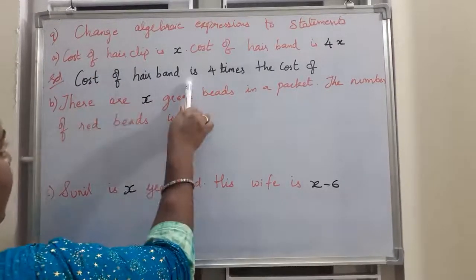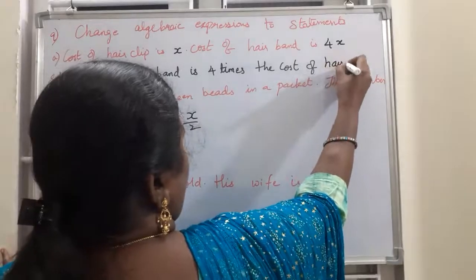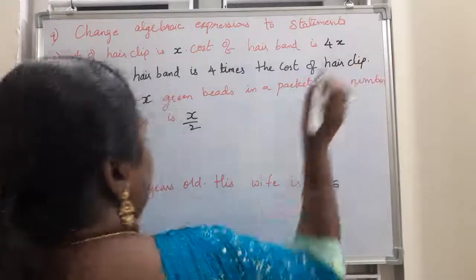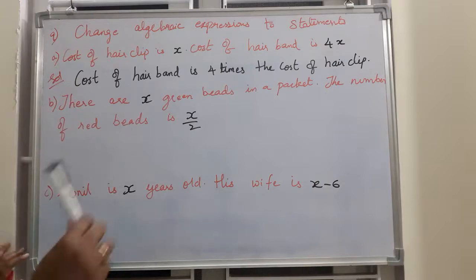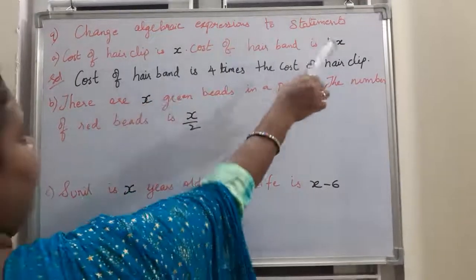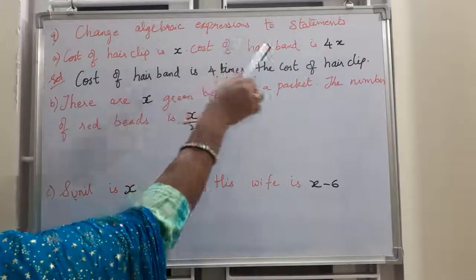So the cost of hairband is 4 times the cost of hair clip. Okay, children. In this line you have not used x at all, but I have got the expression exactly. Cost of hair clip is x, cost of hairband is 4x. Instead of the 2 statements, I have combined everything. Without using x, I have written.